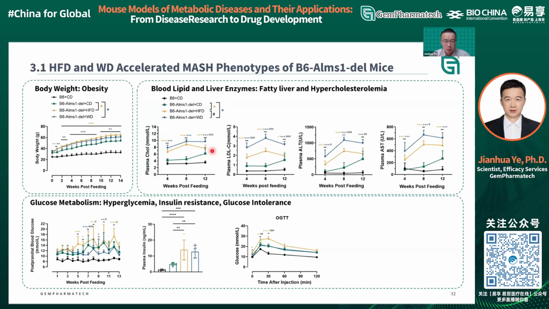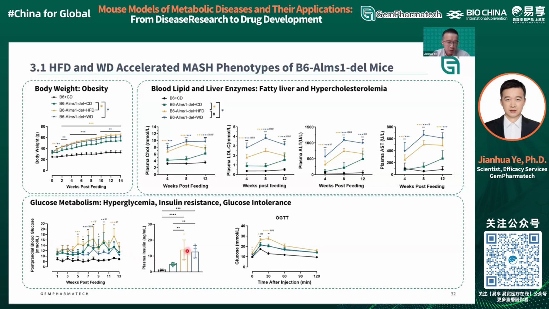It is the same with the LDL cholesterol, the plasma ALT, and the plasma AST. These two are the markers for the liver function. And for the glucose metabolism, we can see that the high-fat diet and the Western diet can also increase the blood glucose level.